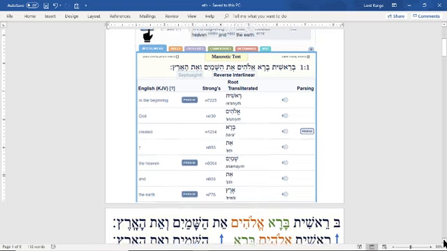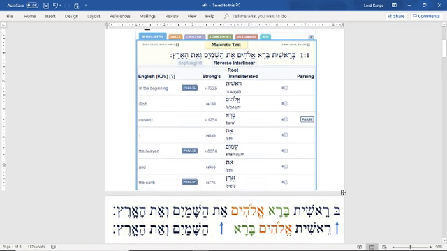Now, I brought this up in the last lesson. As you can see, when you read the Masoretic text, it says Barashet bara Elohim atah. But then when you read the King James Version Bible in the Hebrew, in the order in which it is translated, it says Rashet Elohim bara.